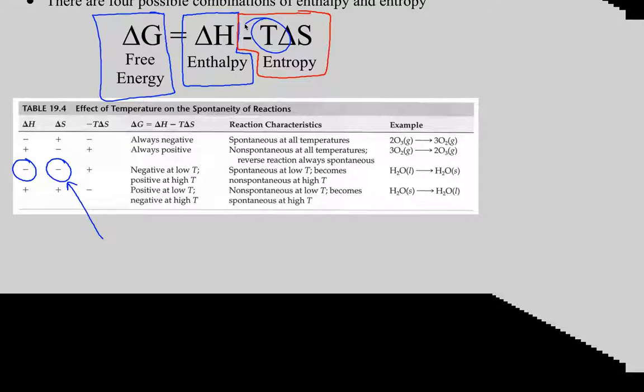And if we can drop the temperature low enough, then good, enthalpy, will overtake bad, entropy, and the reaction will be spontaneous. So this reaction will be spontaneous at low temperature. And then when we cross a threshold, which we'll calculate in a minute, the reaction will be non-spontaneous at high temperature.